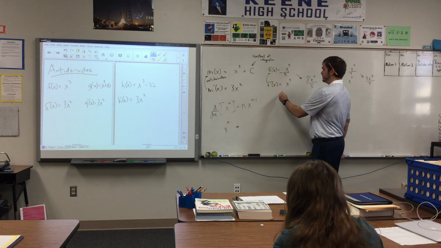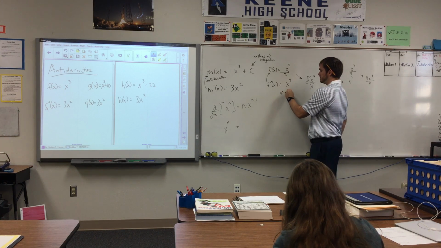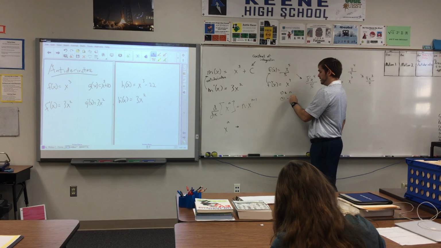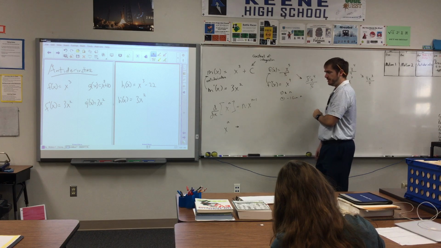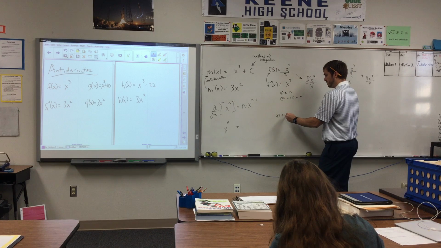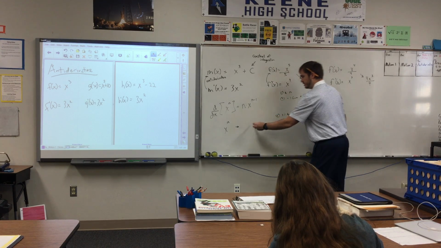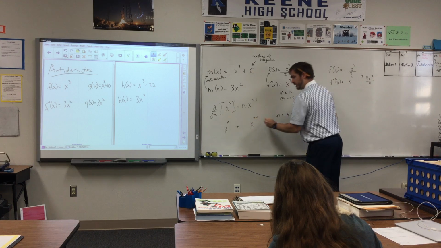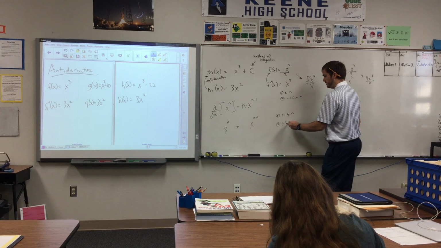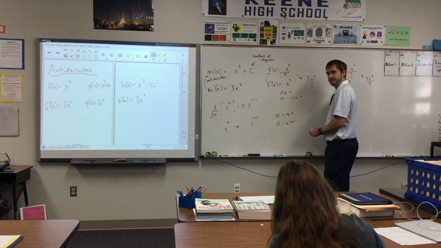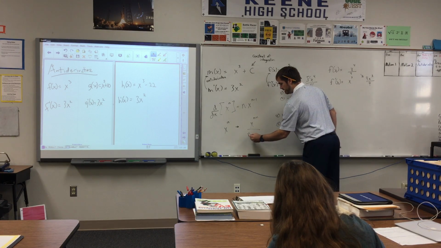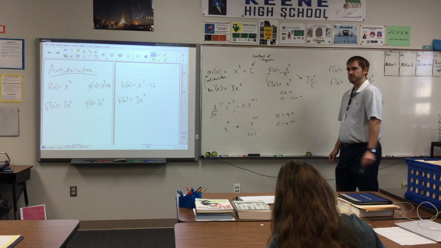So now we add 1 to n, so x to the n plus 1, and then divide by that n plus 1 term. So x to the n plus 1 divided by n plus 1.